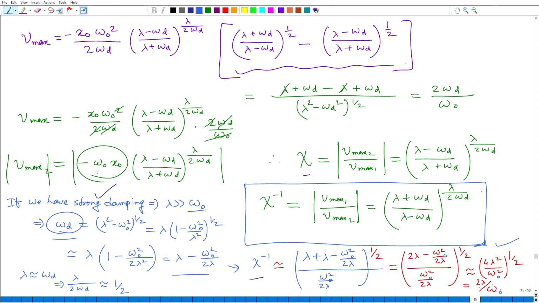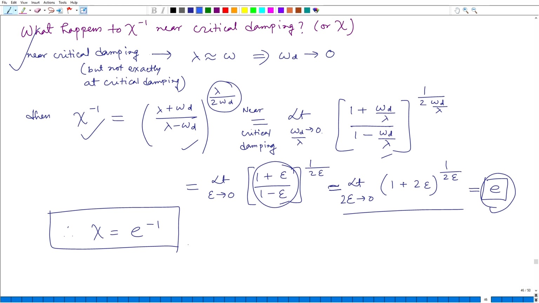So, it still depends on the medium and the nature of the oscillator, because the natural frequency is there. But when this is nearly critical damping, then somehow you see that there is no meaning of which oscillator you are choosing and which medium you are choosing for the ratio. The ratio is a natural constant, and that is the beauty of this problem. Thank you very much.